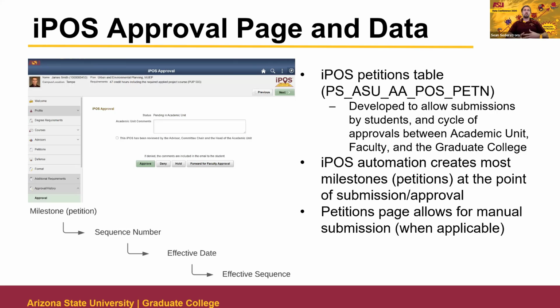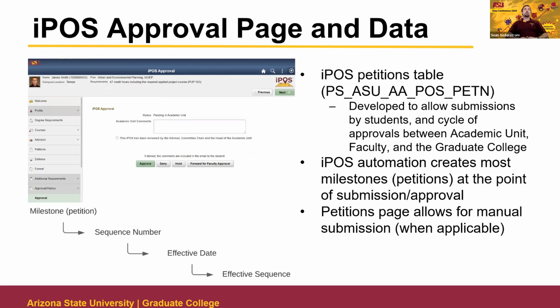One of the reasons that it tends to be confusing is that the table, because it's multifaceted and used for a number of different purposes, may not be structured the same way as some others that you're familiar with throughout the ASU data environment. So I wanted to talk about this a little bit.